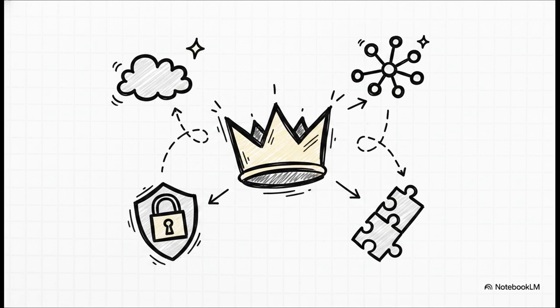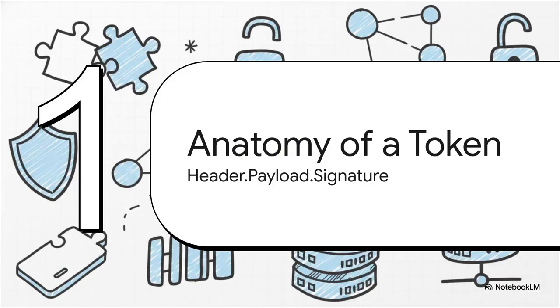You can bake custom claims, like specific user roles or tenant IDs, straight into the token. And finally, they are incredibly cross-domain or CORS-friendly. Because you send them in HTTP headers instead of relying on strict domain-bound cookies, they play so nicely with modern decoupled APIs.